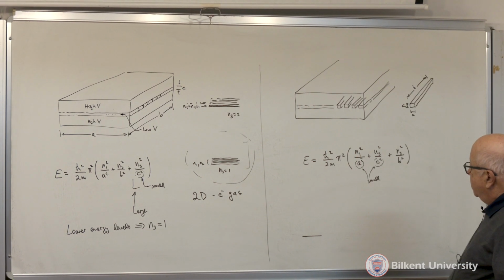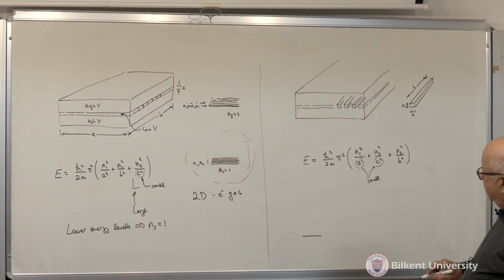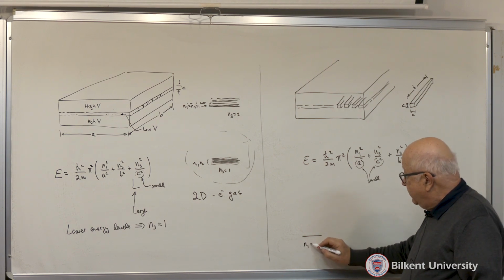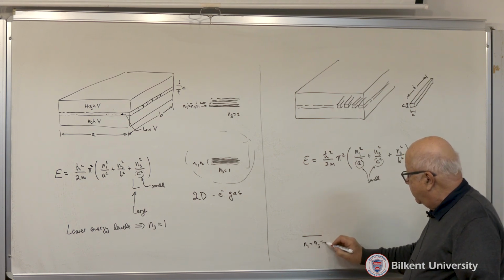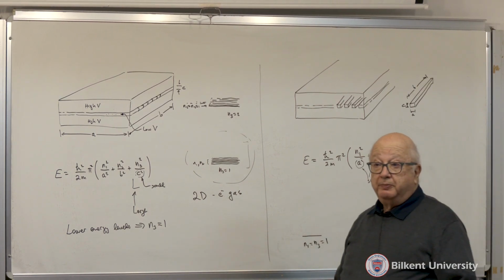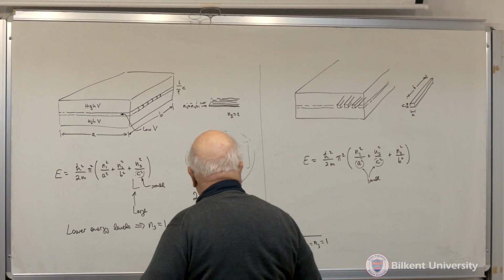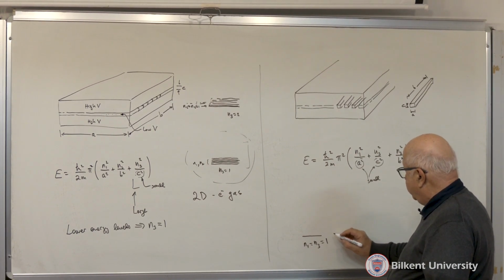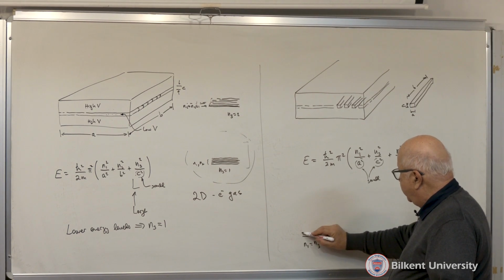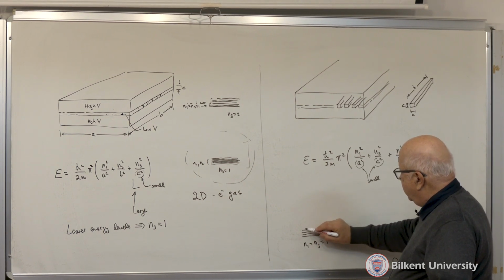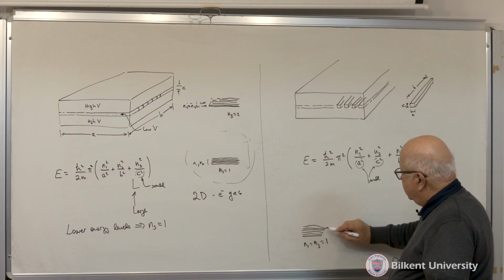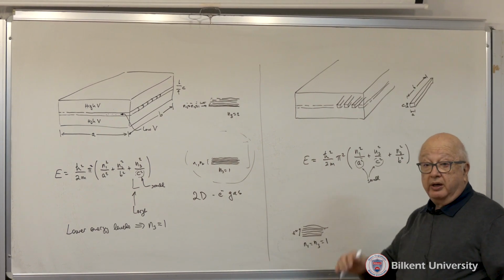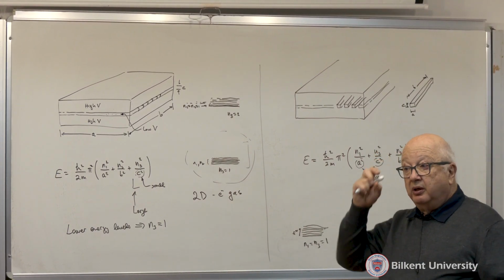I have this case where the lowest energy levels correspond to the case when N1 and N3 are the lowest possible number, so that depending on what N2 is, I'm going to get higher energy levels as I increase N2. As I increase N2, I get higher and higher energy levels.